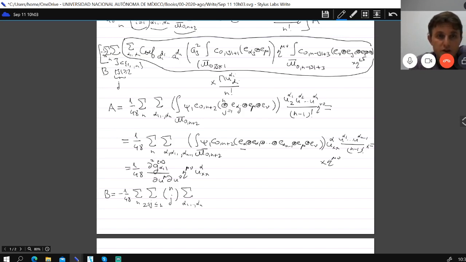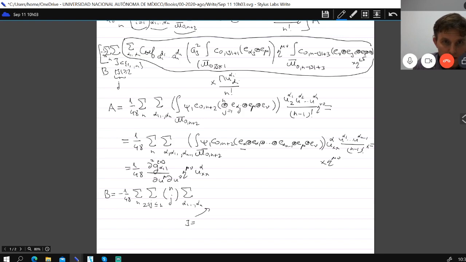Here you choose some fixed J, so we will take J capital to be 1 through J small, and we will get the coefficient of A1 through T1, n.